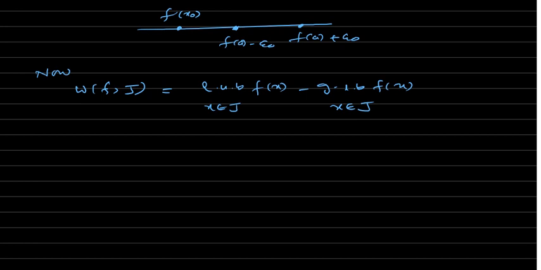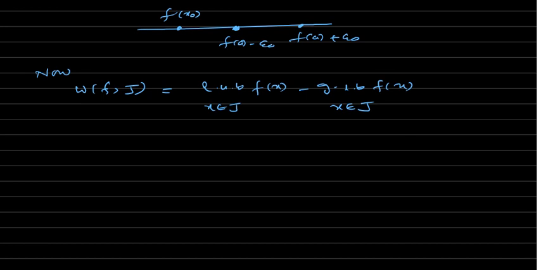So what does it mean? It means that there is a point x such that f of x naught is less than this. So that means this is not the greatest lower bound. This number f of a minus epsilon naught or f of a plus epsilon naught, they are not greatest lower bounds of f of x over that interval.